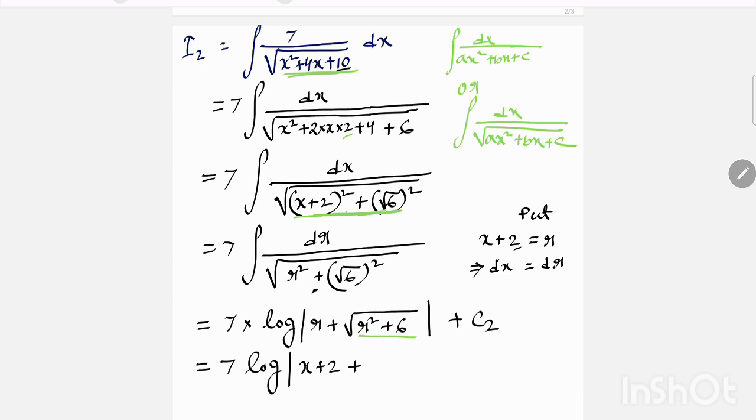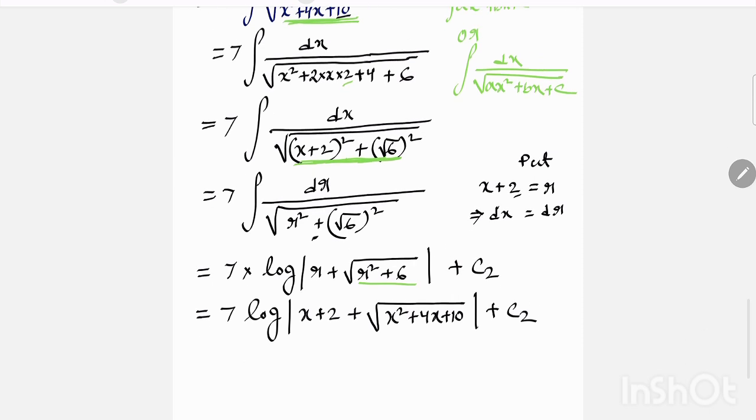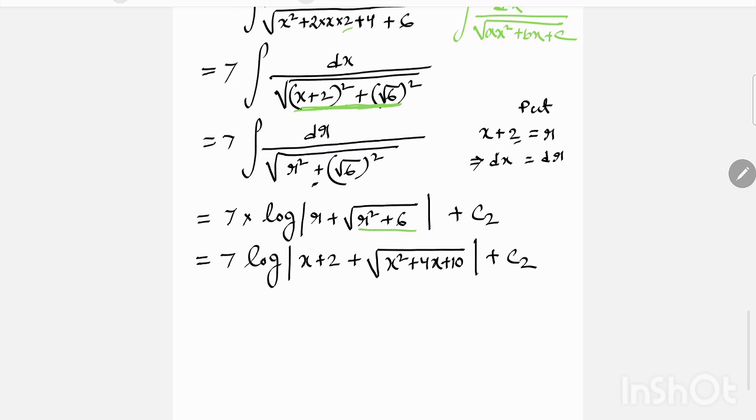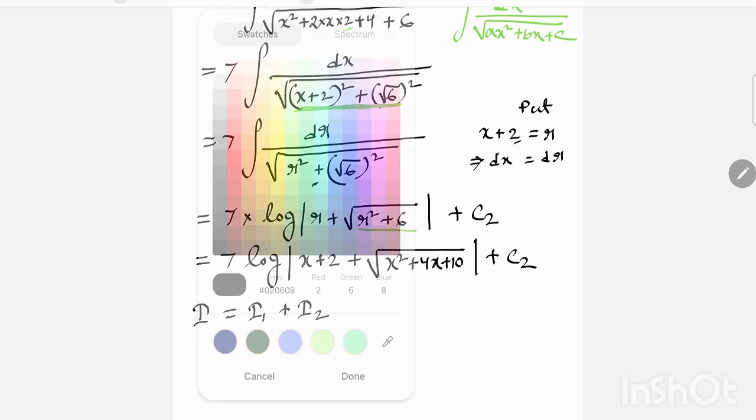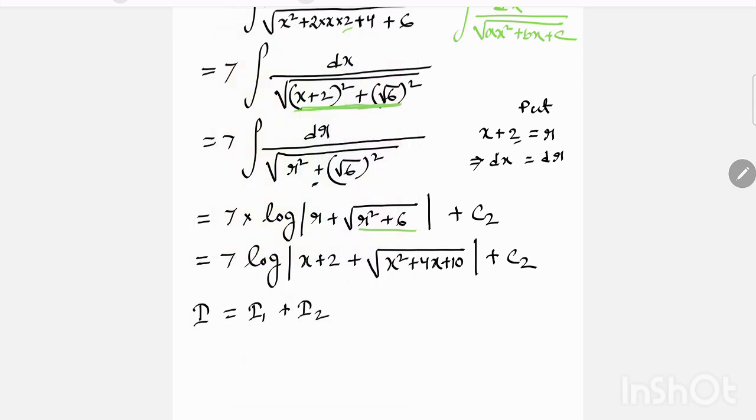But you can write directly here: r square plus 6 means x plus 2 whole square plus root 6 whole square, and that is equal to x square plus 4x plus 10. So we can write here root over x square plus 4x plus 10 plus c2. So we get both I1 and I2. Our integration is I equals I1 plus I2, right? Now what is the I1 value?